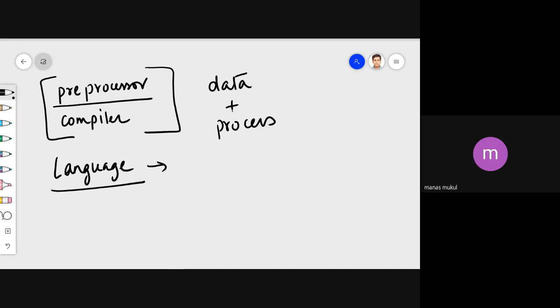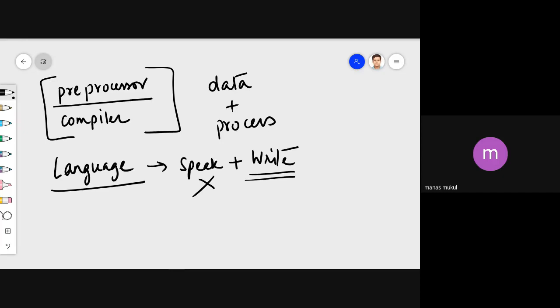Let's talk about English, or for example Hindi or Bengali, whatever language. There are two forms of language. One is that you speak, and whatever you speak, you write. When we talk about a computer language or a programming language, we will not be worried about speaking, but what we'll worry about is writing.